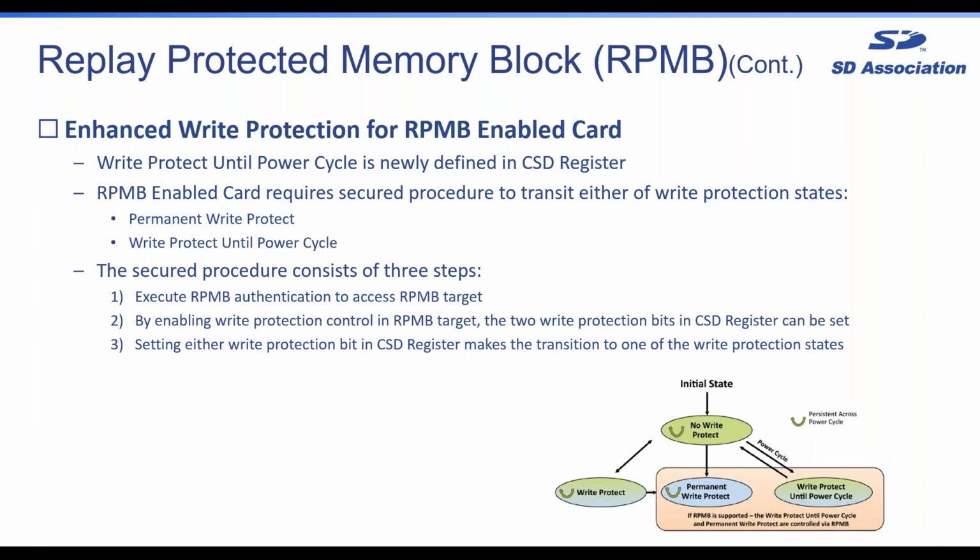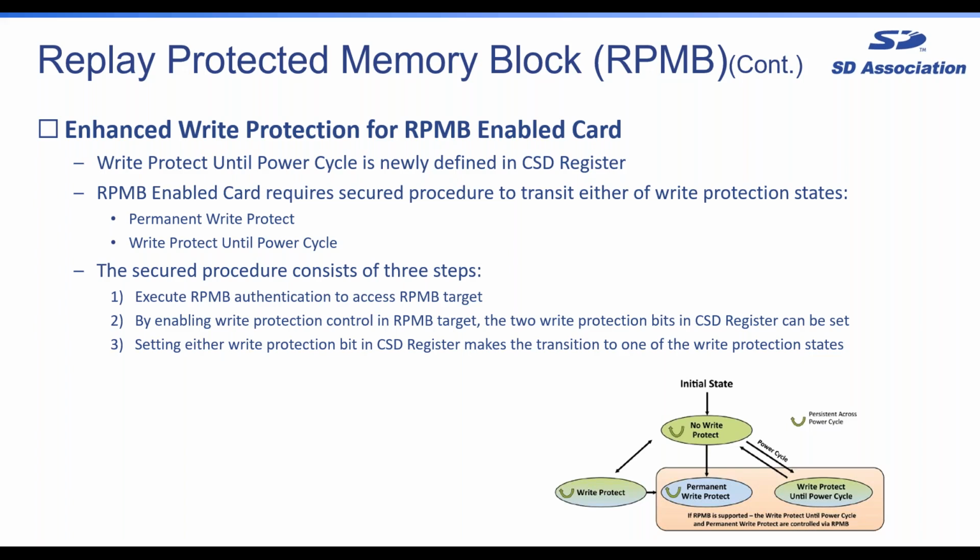feature. The RPMB enabled card requires a secured procedure to transit either to write protect and out, mostly to access the permanent write protect state and the write protect until power cycle state. The secured procedure consists of 3 steps. One is execute RPMB authentication to access the RPMB target.